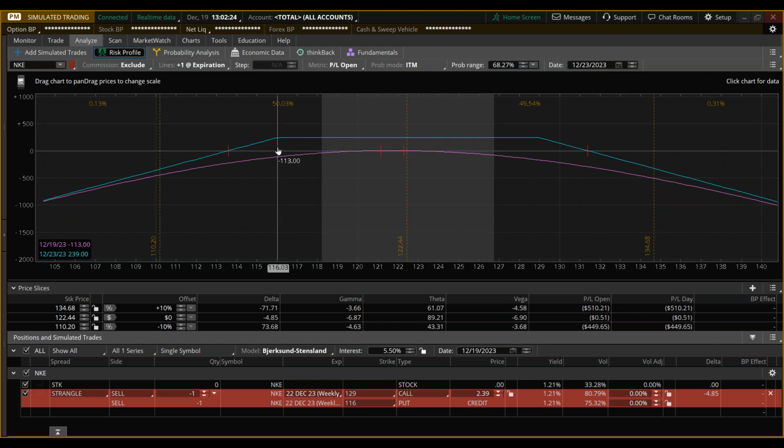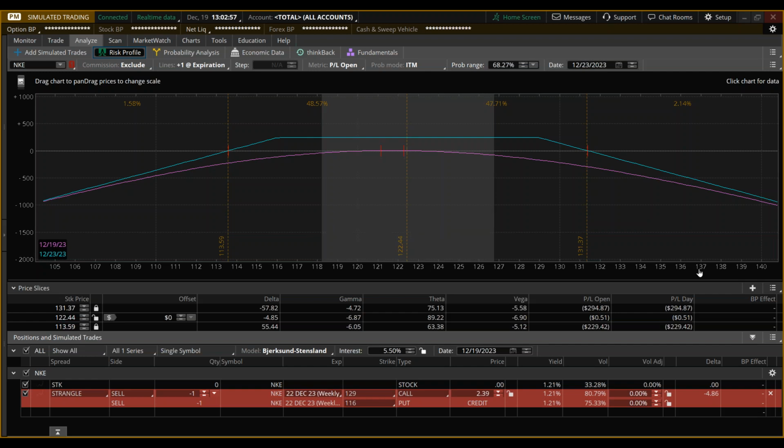And if the stock is in between this point and this point, we have profit. What is the theoretical probability of profit? Huge. 48 plus 48 is 96% theoretical probability of profit.